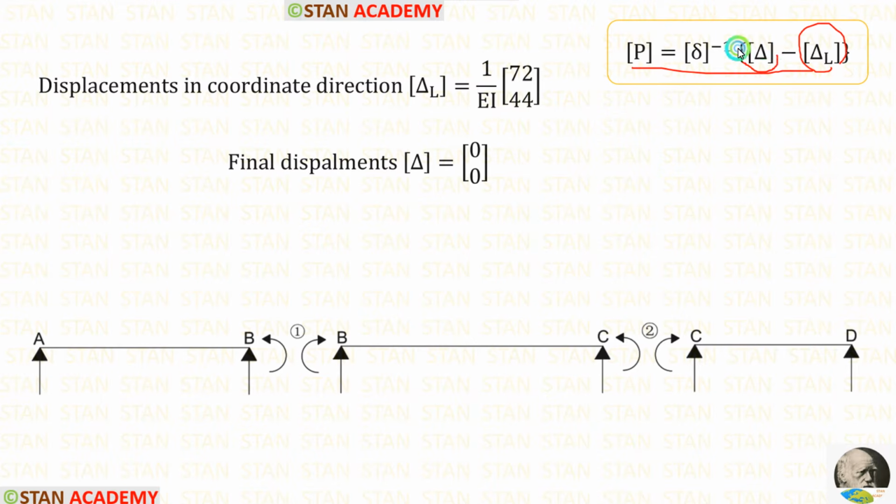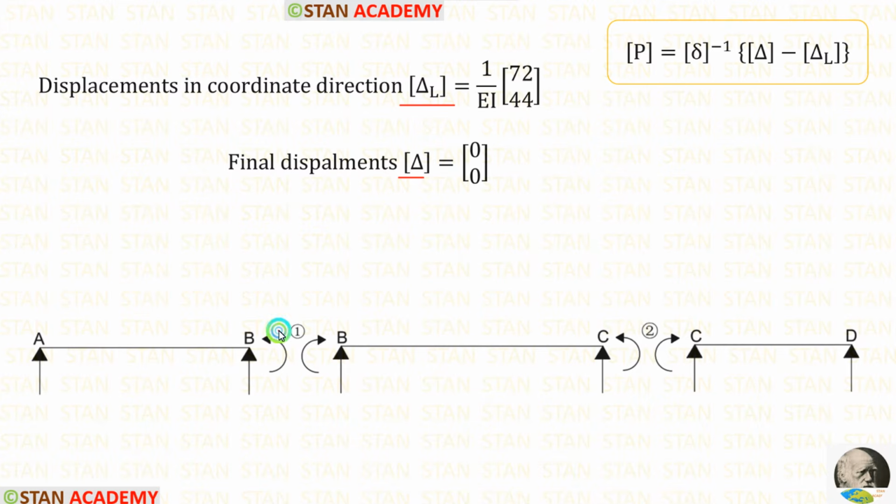Now, let us find the delta matrix. If in the beam there is overhanging, we have to calculate the delta matrix. Otherwise, we can simply enter 0. In the given beam also, there is no overhanging, so we are simply entering 0, 0. Same like delta L matrix, the size of the delta matrix will be according to the coordinates.